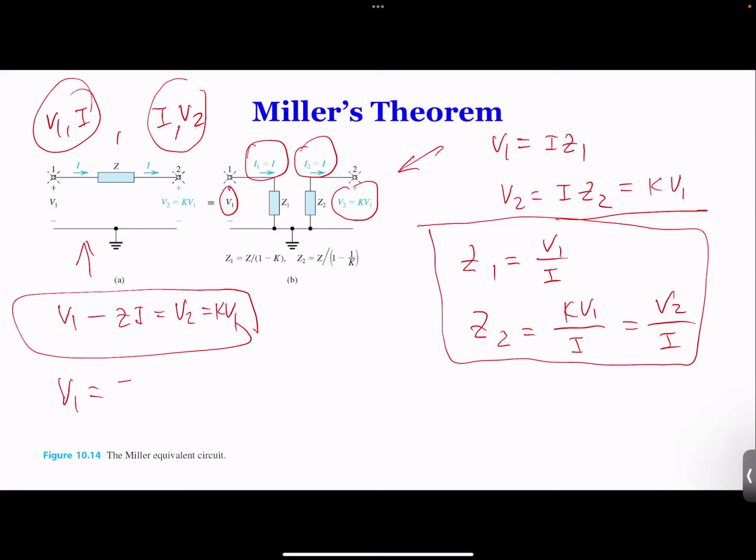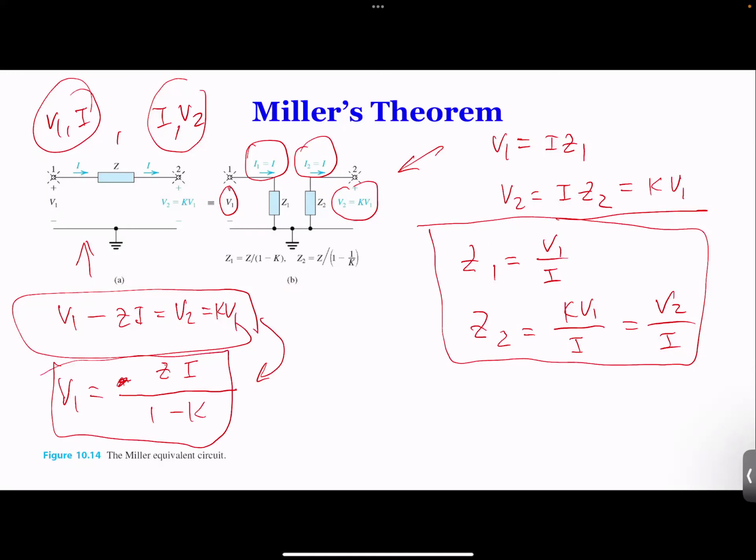So we can solve for V1 here. V1 equals Z times I divided by 1 minus K. From this equation we got this.